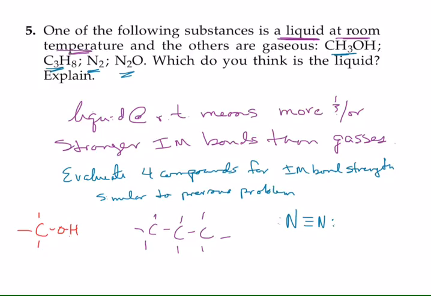Then the last one is N2O. Did you guys do this Lewis structure? I think you did too. N2O. So we're going to put oxygen in the middle, and I think we're going to put double bond nitrogen, single bond nitrogen. What is that one? Help me out.